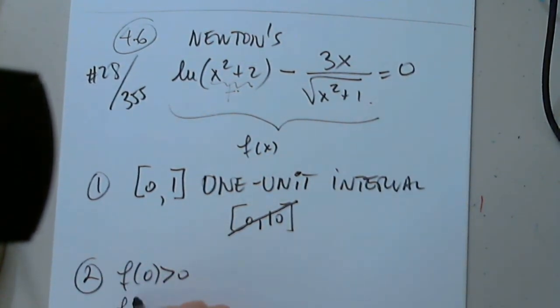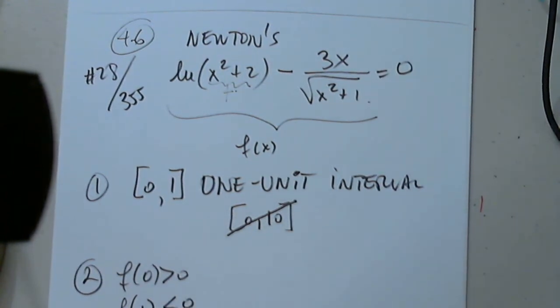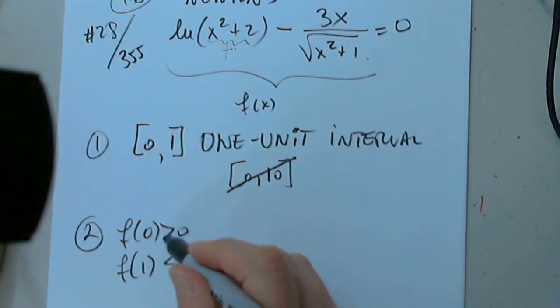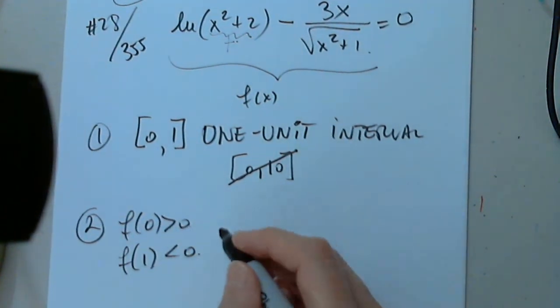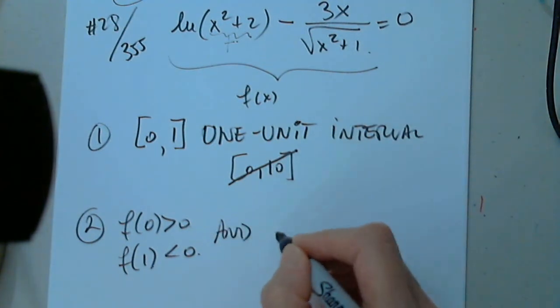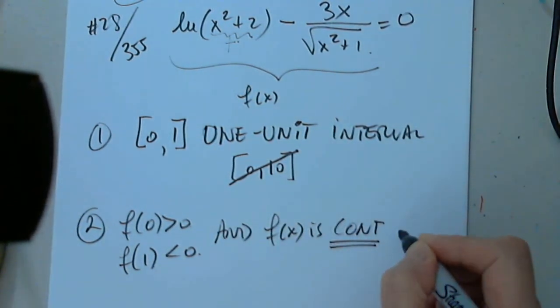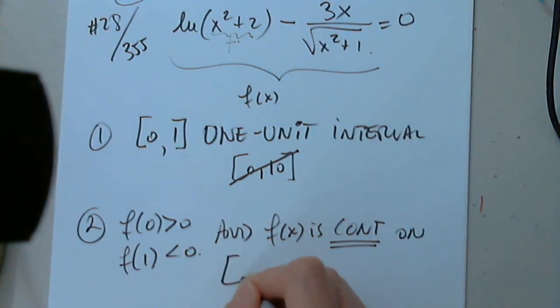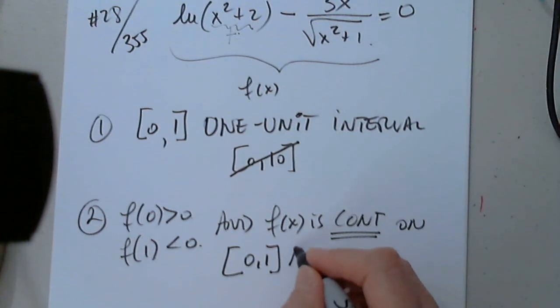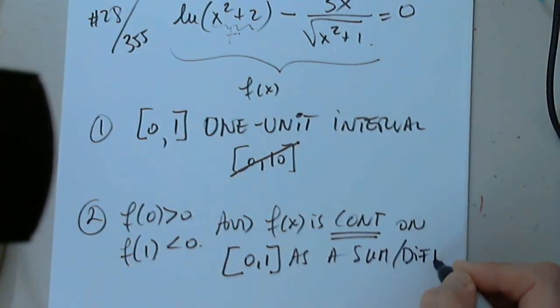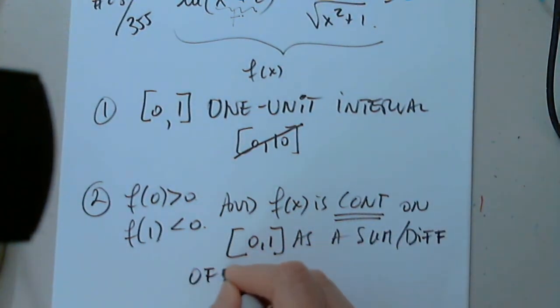You don't need to copy anything from there. Only have to say f of 0 is greater than 0, f of 1 is less than 0, and f of x is continuous on the closed interval 0, 1 as a sum or difference of continuous functions.